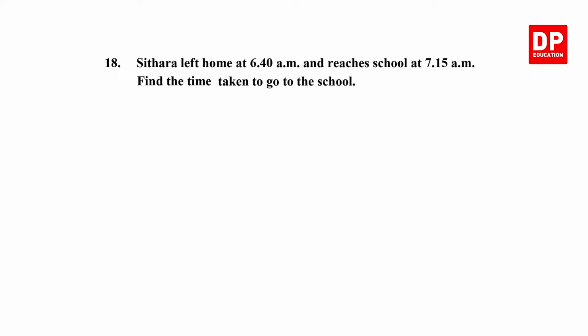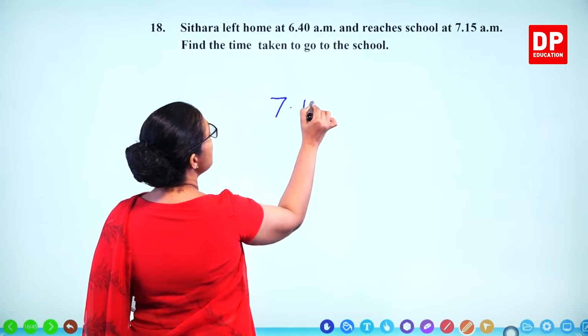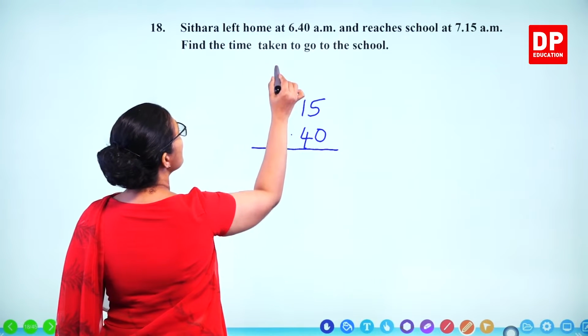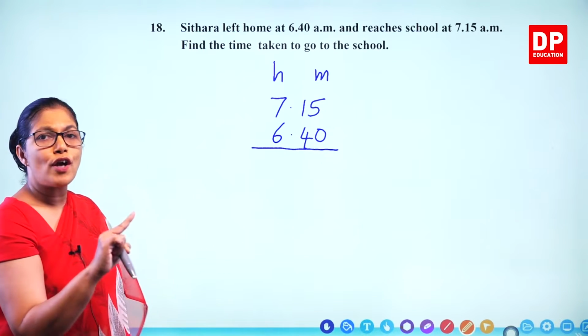Question number 18. Sitara left home at 6:40 a.m. and reaches the school at 7:15 a.m. Find the time taken to go to school. So the difference. So 7:15 minus 6:40. How many minutes? So this is hours, minutes. You can't subtract 40 from 15.